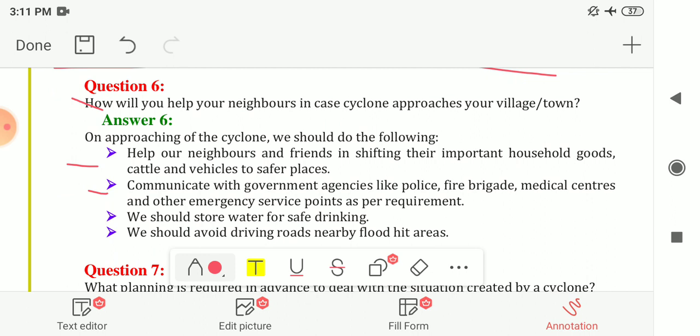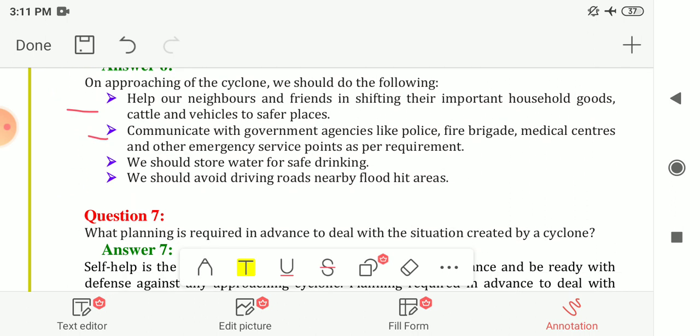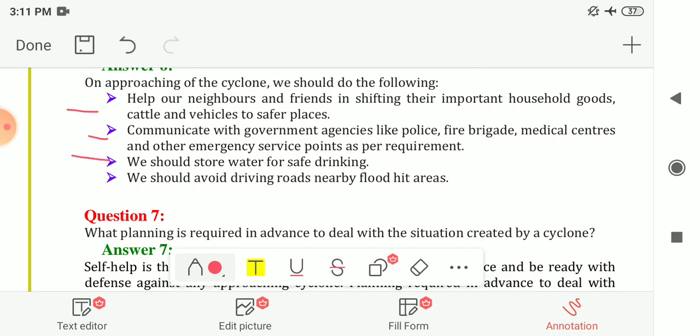Then communicate with government agencies like police, fire brigade, medical center and other emergency service points as per the requirement. Next, we should store water for safe drinking and we should avoid driving on roads near flood-hit areas. So this is how we can help them as well as ourselves.